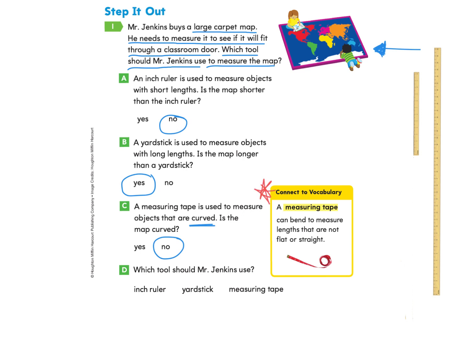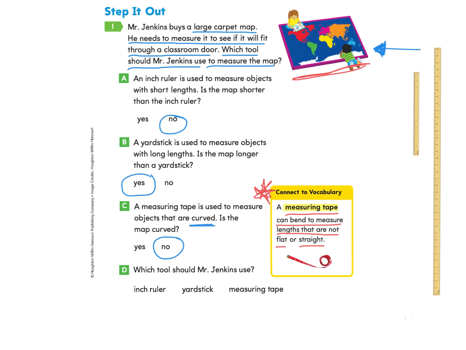Connect to vocabulary: a measuring tape can bend to measure lengths that are not flat or straight. This map on the ground is very straight and it's not curved. So we wouldn't be using a measuring tape to measure the map that Mr. Jenkins is using. So now we're going to look at which tool should Mr. Jenkins use. Should he use the inch ruler, the yardstick, or the measuring tape?